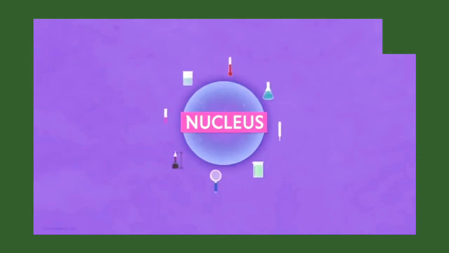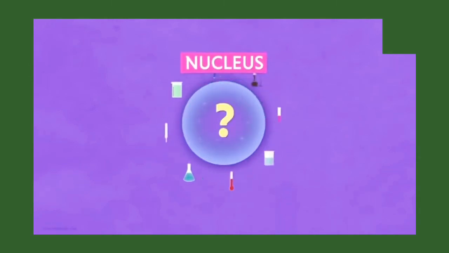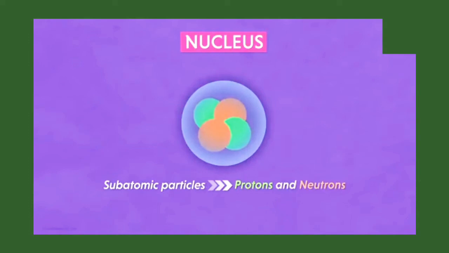Now the next question to pop into our mind is, how does the nucleus of a single atom define the reactions in which the atom is participating? That's right. It's the subatomic particles in the nucleus, the protons and the neutrons, that are the influencing factors.